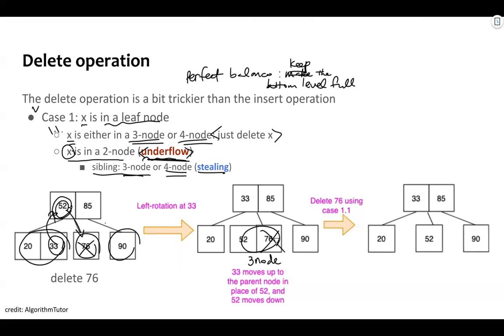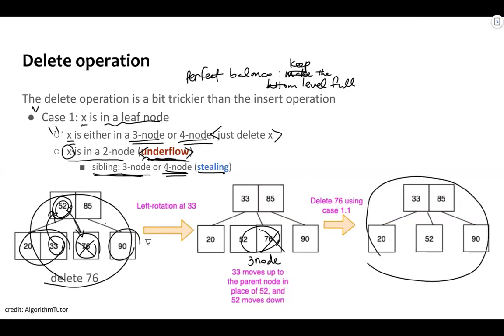So if sibling is 3 node or 4 node, we're going to pop one of the items of the sibling to the parent and then get one item from the parent and replace it with the deleted one. So if you compare these two cases, you just pop one item from sibling to the parent and replace the 76 with one of the parent, like this.